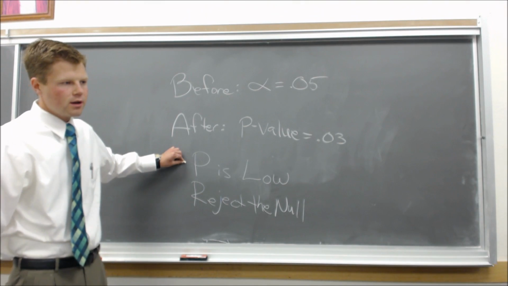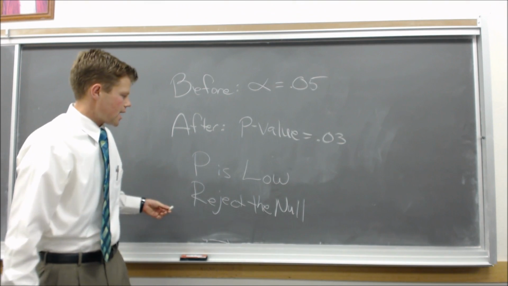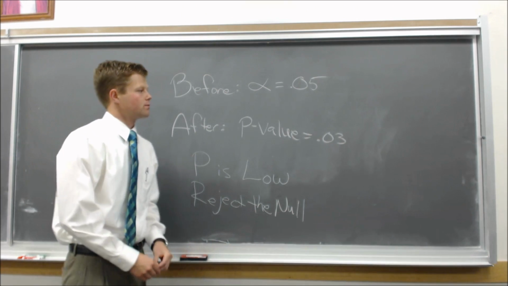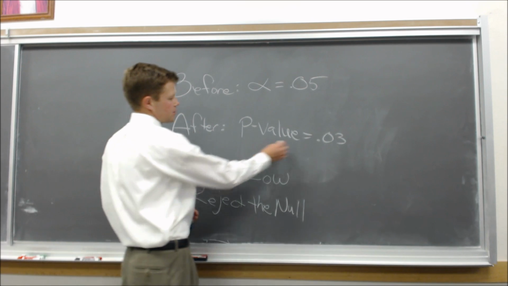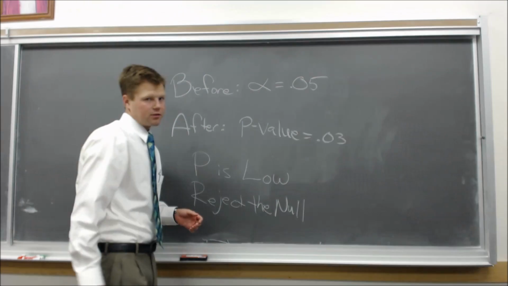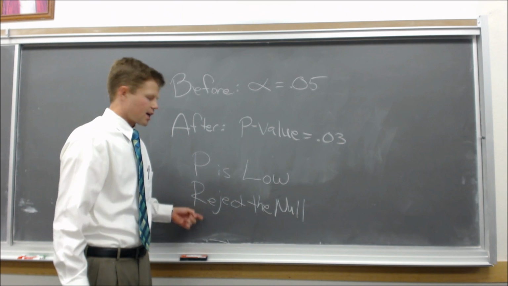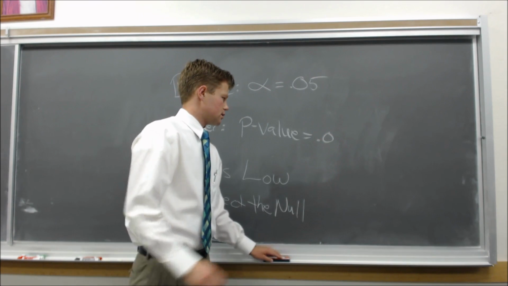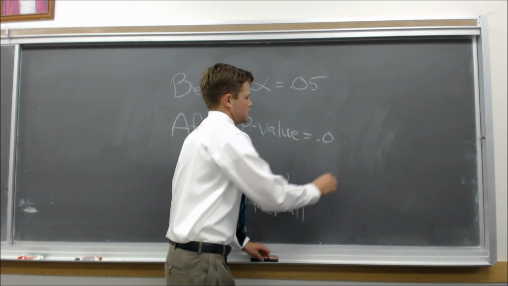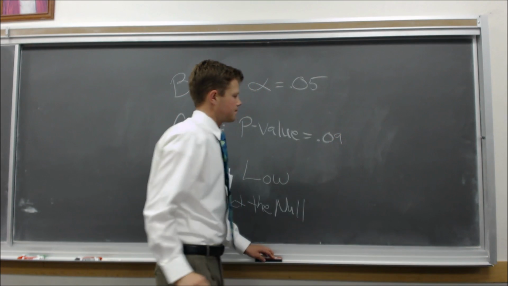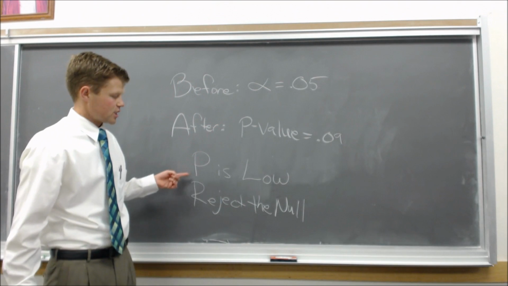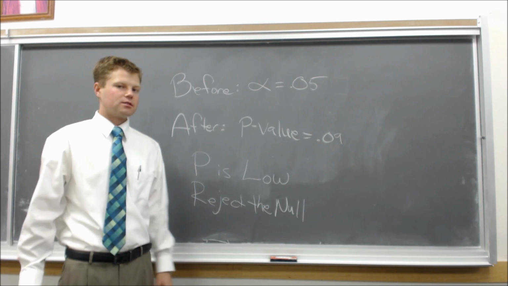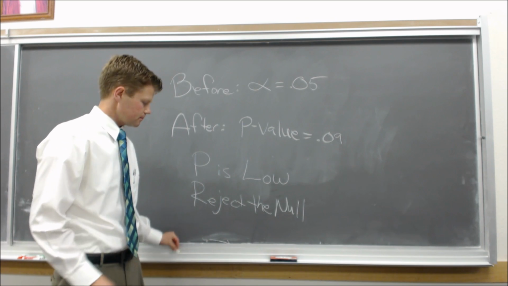So if the p-value is lower than alpha, then we reject the null. So now it becomes pretty easy. If our p-value is 0.03, alpha is 0.05, then we reject the null. If the p-value was 0.09, then the p-value is not lower than alpha, so we fail to reject the null.